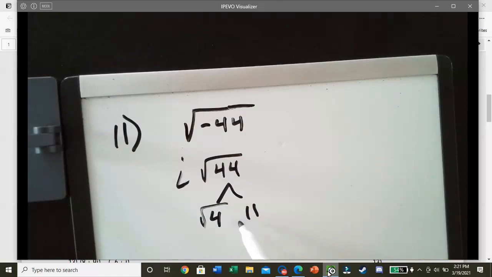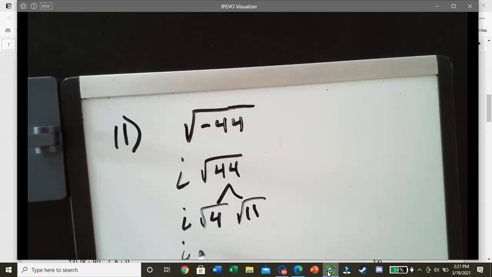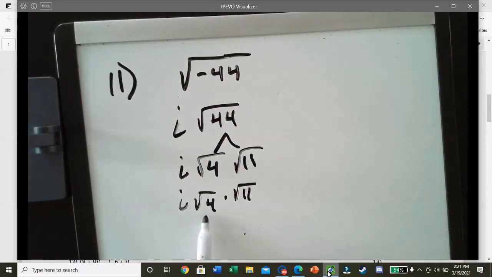So, can we get an even square root out of 4? Yeah, we can, right? So, this is i square root 4 times the square root of 11. So anything that you could get an even square root, you put it in one radical. Anything that's left over that you can't get an even square root, that's what's left over. So the square root of 4 is what? 2. So that would be 2i square root 11.